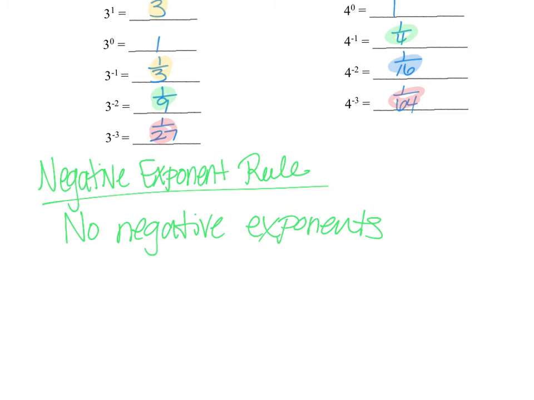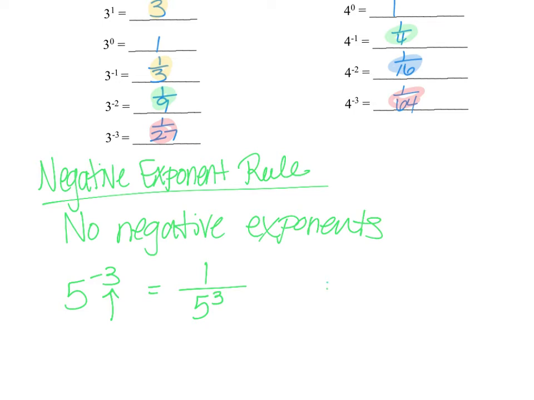So let me show you what I mean. If I had the value 5 to the negative 3rd, I look at this and I go, uh-oh, I have a negative exponent. That is not allowed. So then I would just put it in the denominator and leave a placeholder of a 1 in the numerator if there's nothing left up there. I'll show you what it looks like in just a minute if there is something left up there.